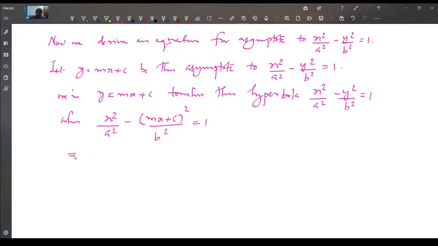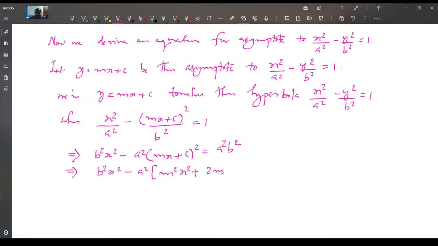So from this you will get b square x square minus a square into (mx plus c) the whole square is equal to a square b square. So this implies b square x square minus a square into (m square x square plus 2mcx plus c square) is equal to a square b square.